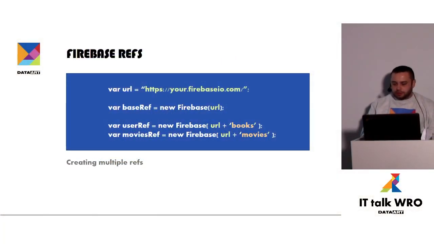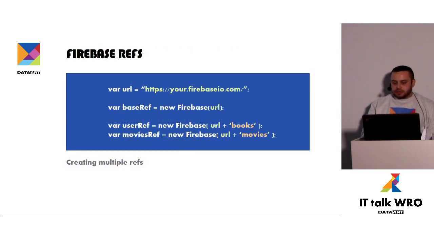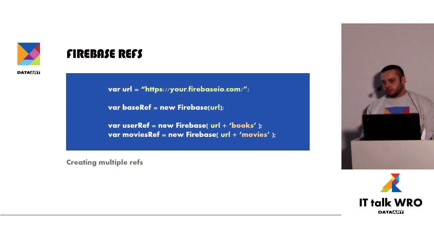I talked about the references. A reference is just a particular URL where we would like to get some data. We instantiate our Firebase object with the URL of our database. You put your own database URL. Then you can have access not only to the root location of your Firebase.